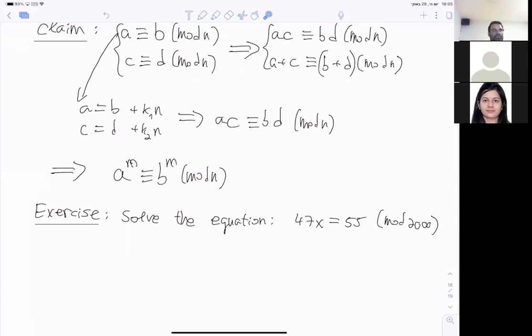So you want to find an x such that multiplied with x, when you remove all integral multiples of 2000, you get 55. How do you find this x?